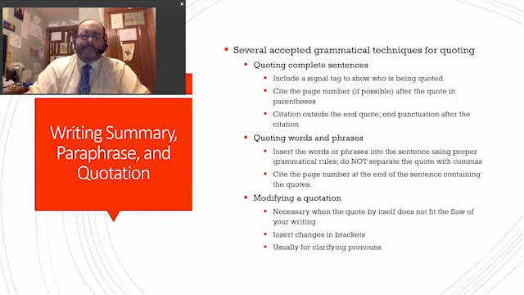So, include a signal tag to show who is being quoted. Okay, something like so-and-so stated, and then give the quote. Or so-and-so states, so-and-so claims, so-and-so says. Okay, that's a signal tag. That tells you that you have a quote upcoming, and that'll allow you to show who is attributed to that quote. Okay.